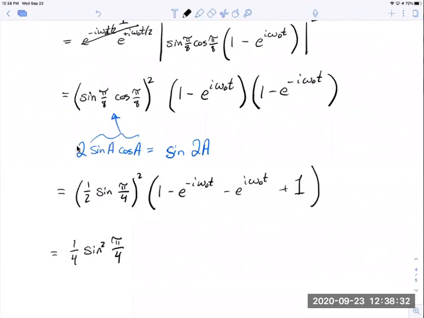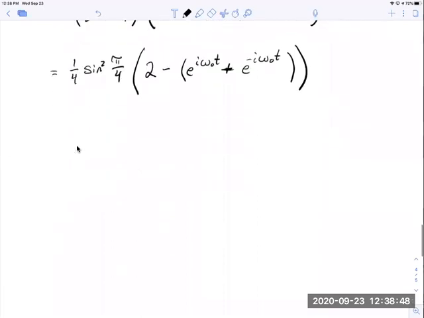And then this becomes 2 minus e to the i omega naught t plus e to the minus i omega naught t. So we're still looking at the probability of starting in the plus state and then later measuring it in the minus state, which is going to be a function of time.